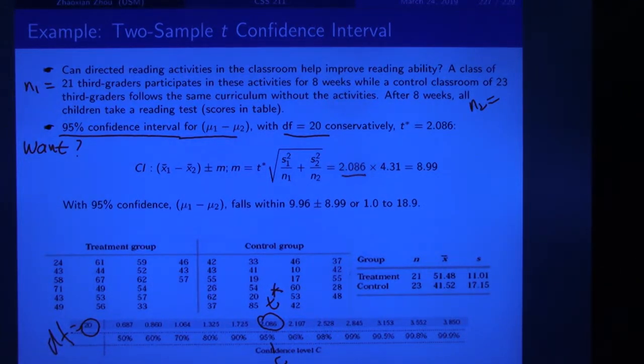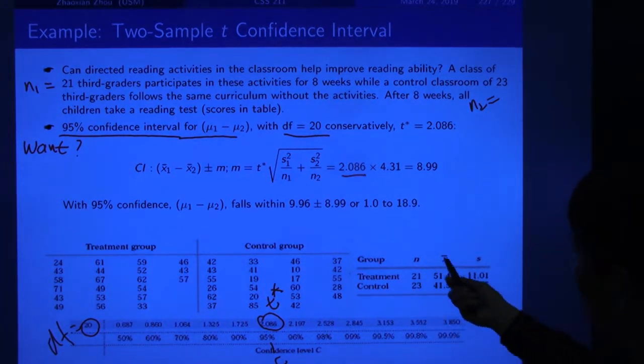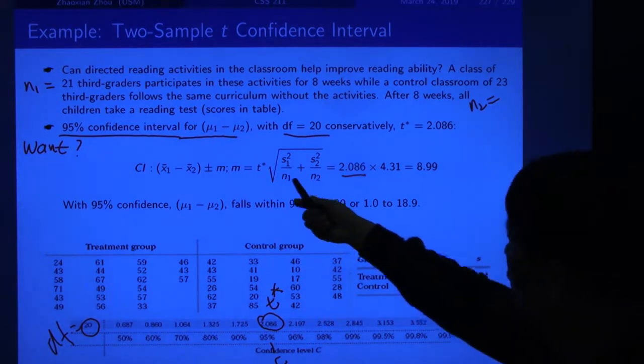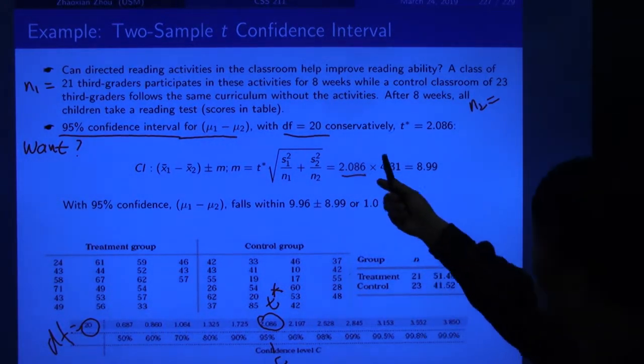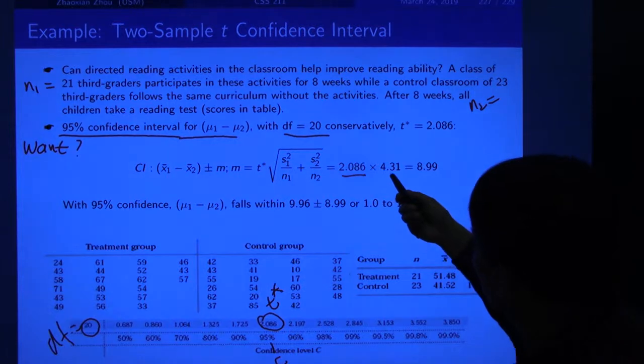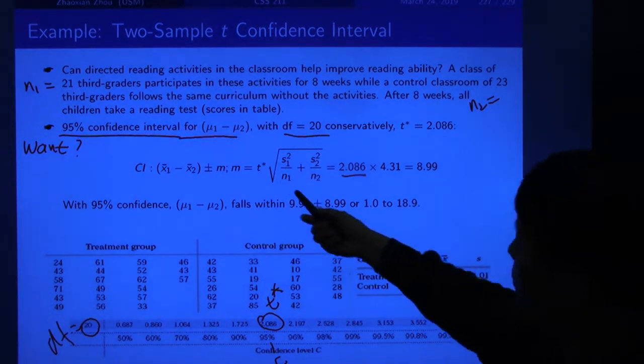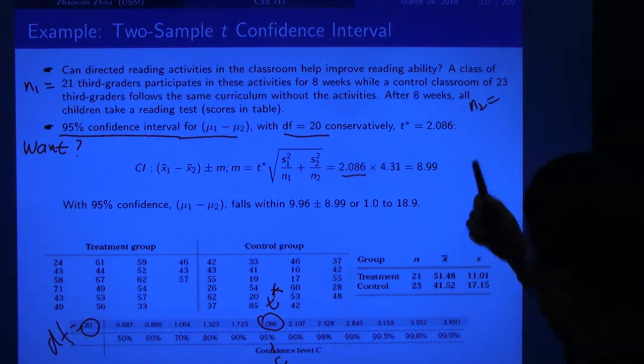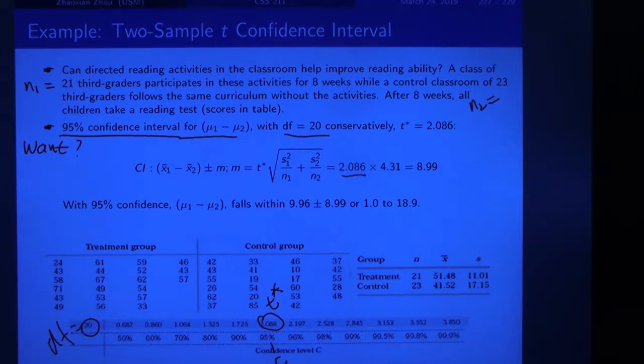S1 is given here, S2 is given here, and N1 and N2 are both given, so that square root gives us 4.31. Then multiply by T star, this gives us 8.99. And that is called the margin of error.